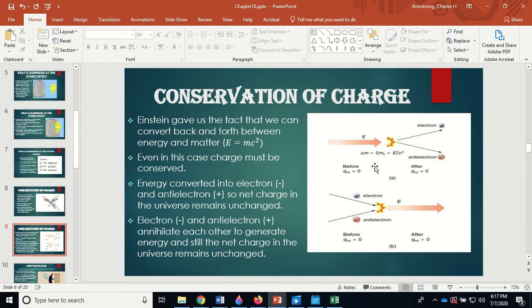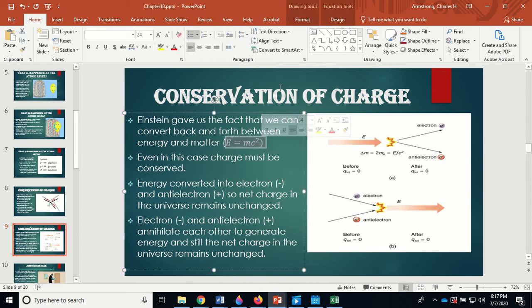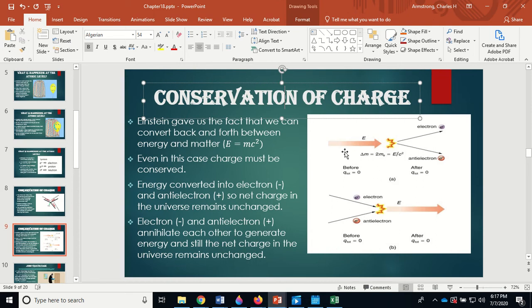Here you even have special cases the book talks about where energy can be turned into matter. That's Einstein's famous E equals mc squared equation. Energy can be turned into matter. So here it's being turned into an electron and an anti-electron, sometimes called a positron, I believe. But one's positive, one's negative. So you did not change the net charge of the universe. Okay. Also, this is what happens in the center of the sun. An anti-electron is created, and the anti-electron and an electron come together.